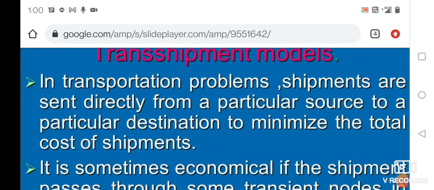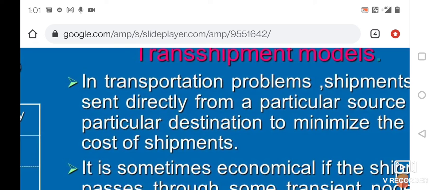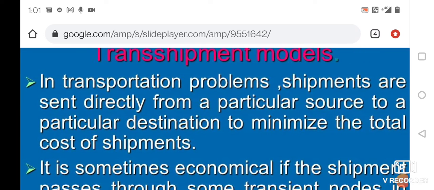Transportation problem. In a transportation problem, shipments are sent directly from a particular source to a particular destination to minimize the total cost of shipment.